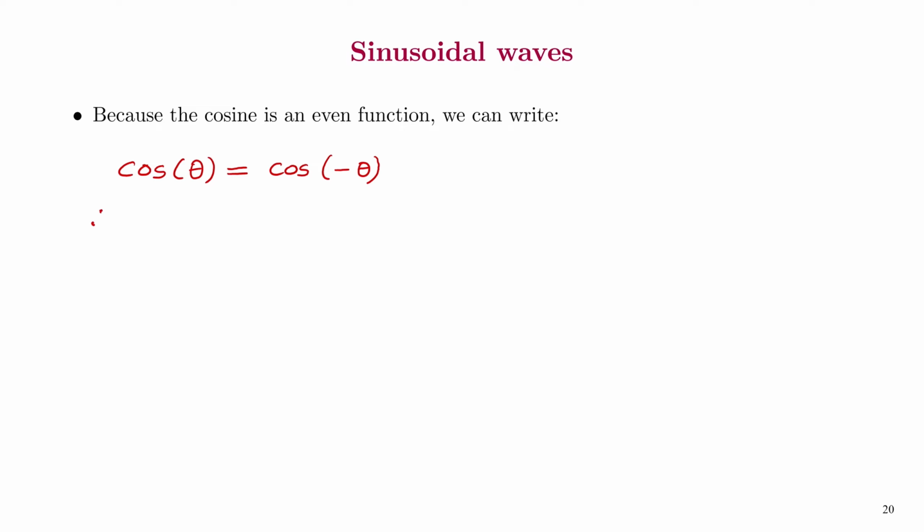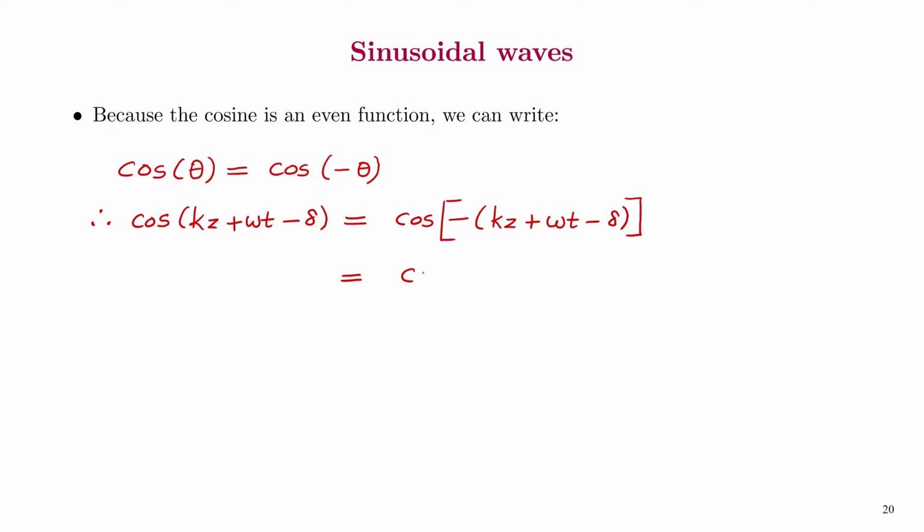Therefore, cos(kz plus omega t minus delta) could be written as cos(minus kz minus omega t plus delta). Let it be equation number 11.